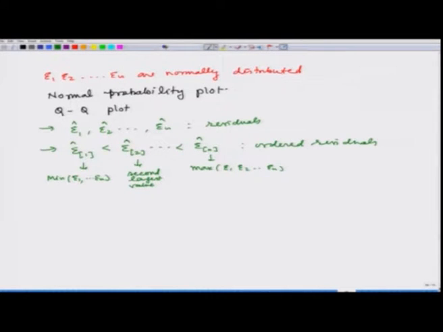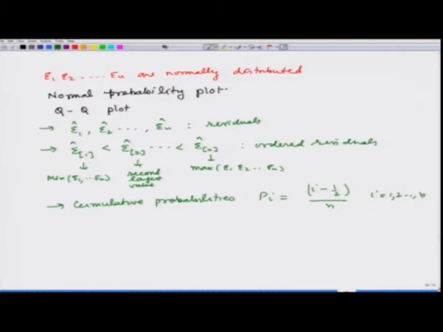Then in the third step, we try to find the cumulative probability. The cumulative probability for the ith observation is computed by the expression (i minus 1/2) divided by n, where i goes from 1 to n.